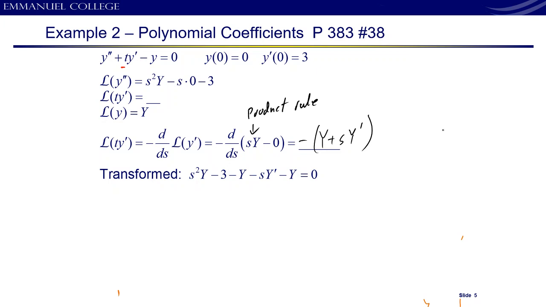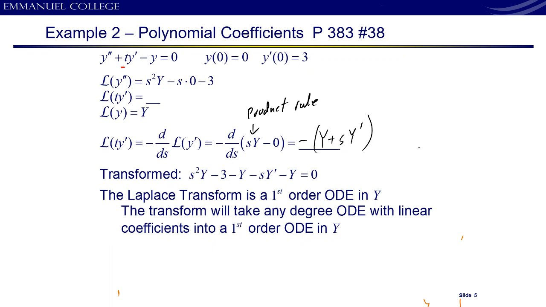So now our transformed equation is a little bit different. And the problem is it's not quite like anything we've dealt with before. So if you do the Laplace transform, you get a first order ODE in y.